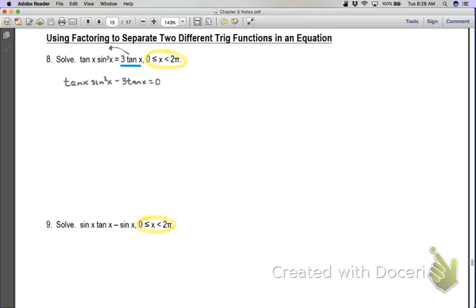So again, if you want, you can let tangent be a u, and you can let sine be a v. It doesn't matter. Or you can leave it just as is. I'm going to leave everything and go from there. So what can I factor out of the first term and the second term?